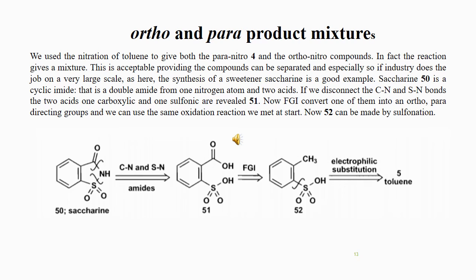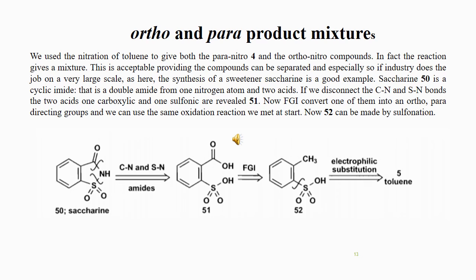It will not give a good reaction to construct this benzoic acid. So what we do is FGI. We did FGI at that time also. Then we produced the benzoic acid or carboxylic group on the aromatic ring by the oxidation of methyl.